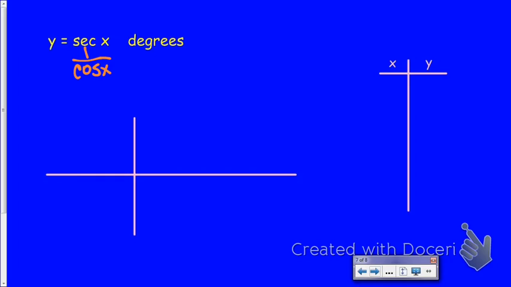So what I'm going to do to start off is plot the points of my cosine parent function. Hopefully we remember this. It had a height of 1, the lowest is -1. It started at the top, and the period in degrees was 360, which means my critical points were at increments of 90.